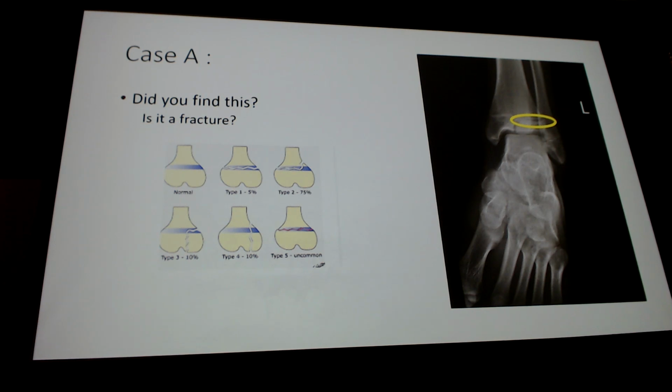Did you notice that? And some of you are saying, well, that's the growth plate. Is that a fracture or is it not? So if you remember, we talked about Salter-Harris, right? It goes through the physis, goes through the growth plate. That energy's got to go somewhere. So there were two signs of the Salter-Harris here.